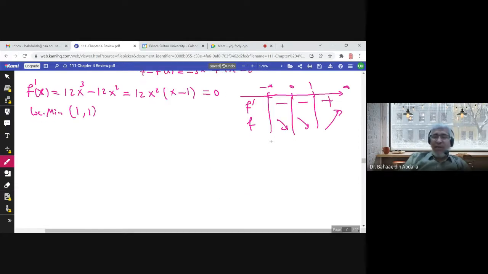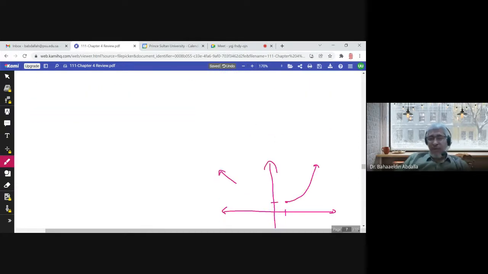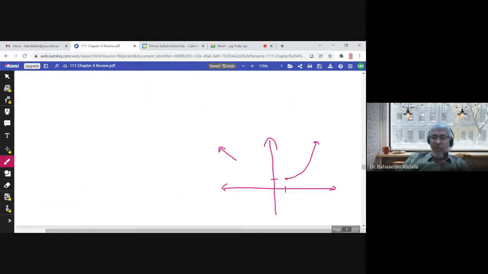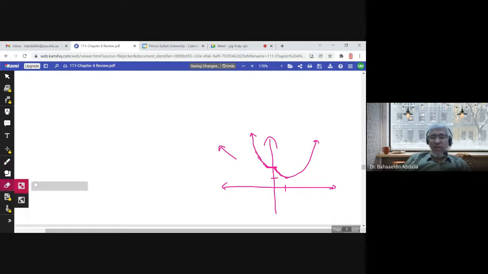What is the y-intercept? The y-intercept is 2. So at 0, 2 here, there is a horizontal tangent. So it could go like this and do something like this, and then continue up. It could happen that the graph is like this. We will see with the concavity.